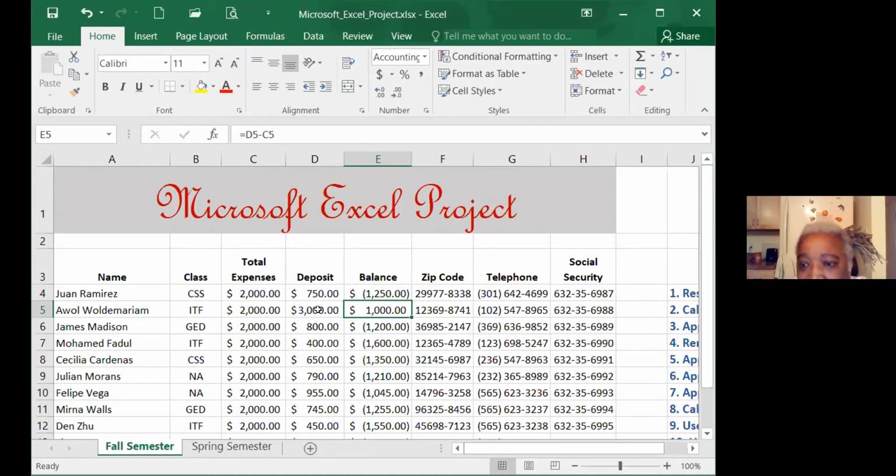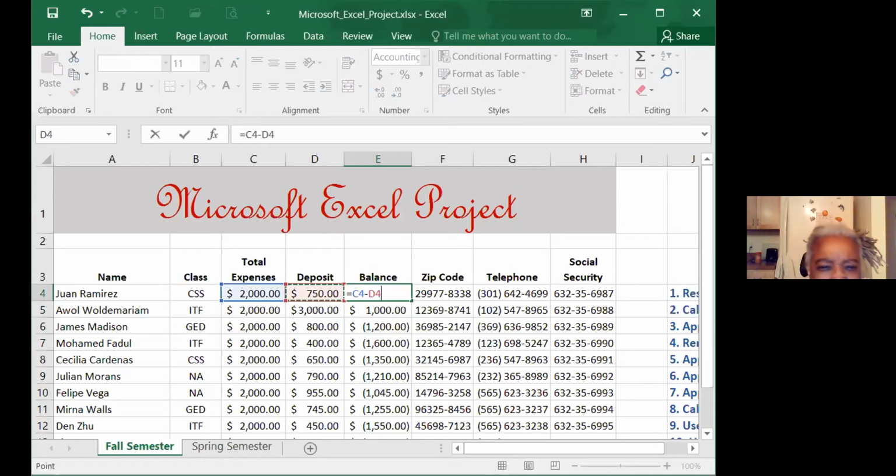It should be C5 minus D5. That's how it should be, C5 minus D5. Okay, I got it. C5, no, C4, sorry. Yeah, that was the other one.